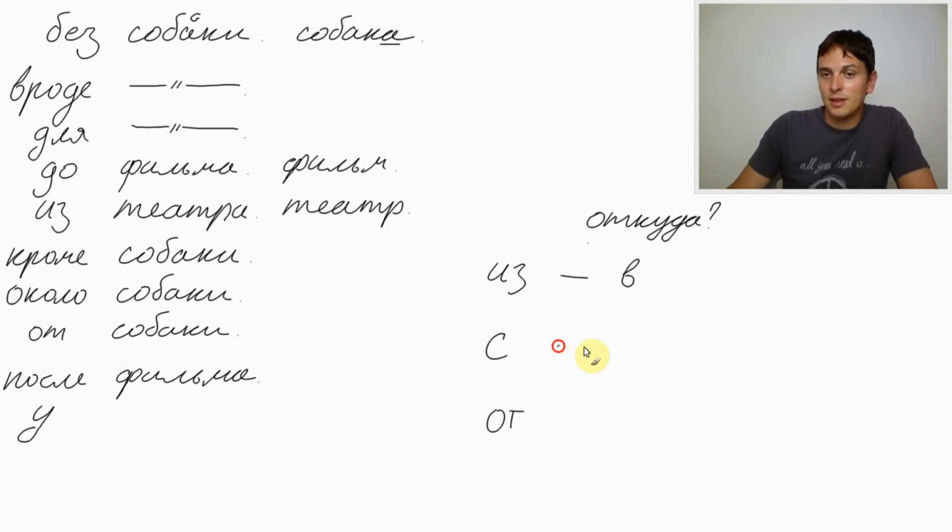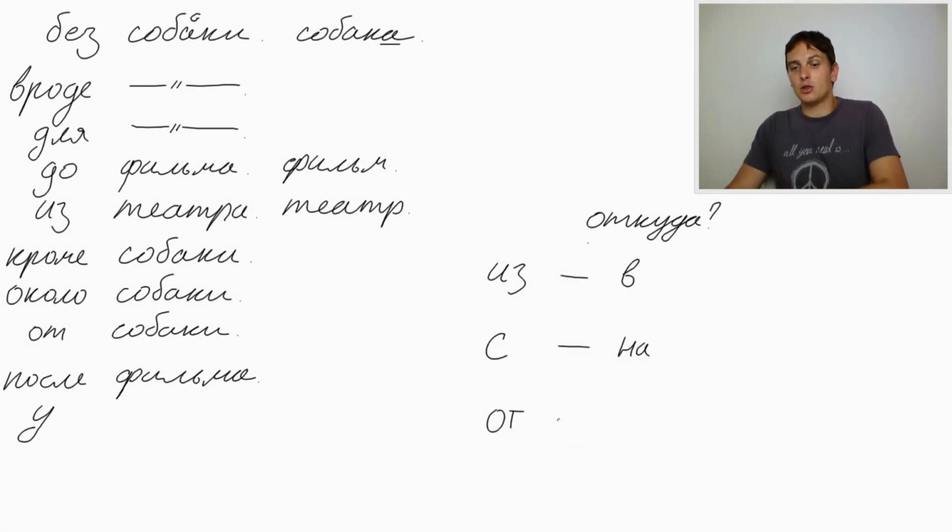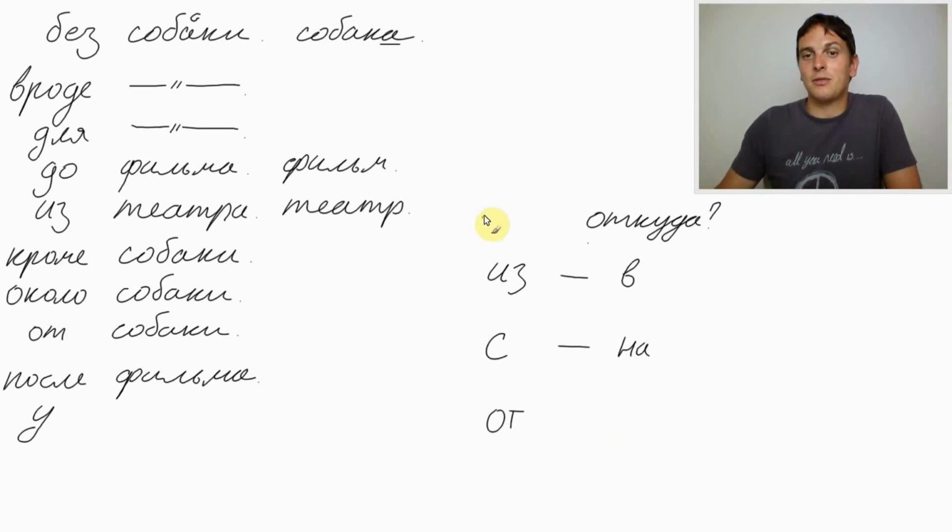С is used with на. На is also to in this case. And от means from, if we're speaking of going away, so taking away or going away from somewhere, without the second preposition. So just take it as from and to.